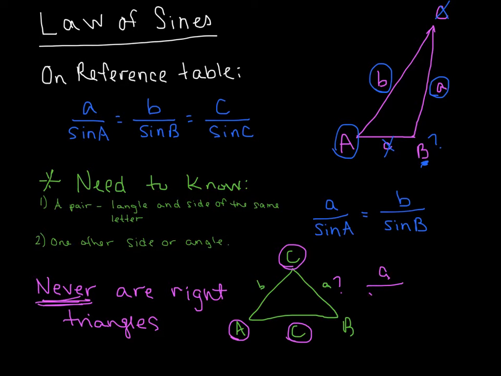I want to know A's, and I know one A, so I'm going to use A over sine A. And I know my C's, so I'd use C over sine C. So I plug in all my values and solve for A. So let's do a couple examples.